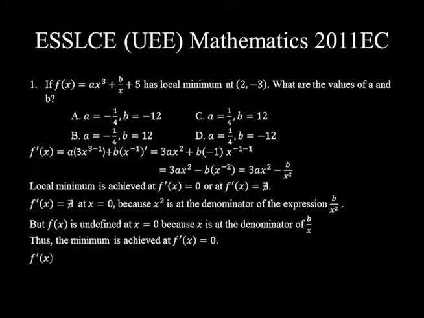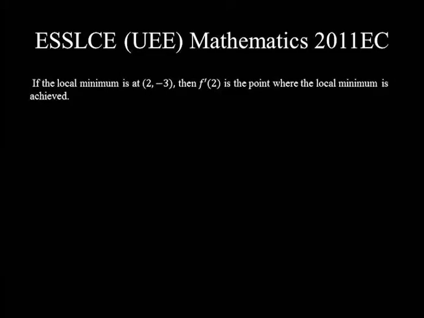F derivative of x is equal to 0, that is 3ax squared minus b over x squared is equal to 0. If the local minimum is at (2, -3), then f derivative of 2 is equal to 0. This implies 3 times a times 2 squared minus b over 2 squared is equal to 0.